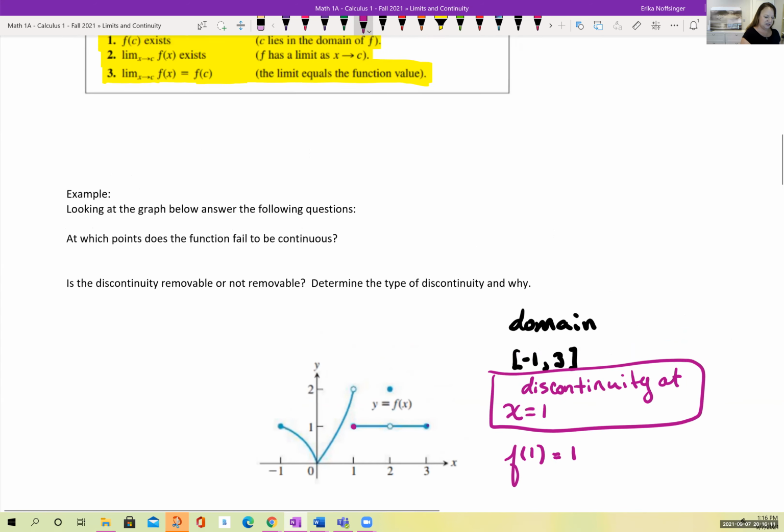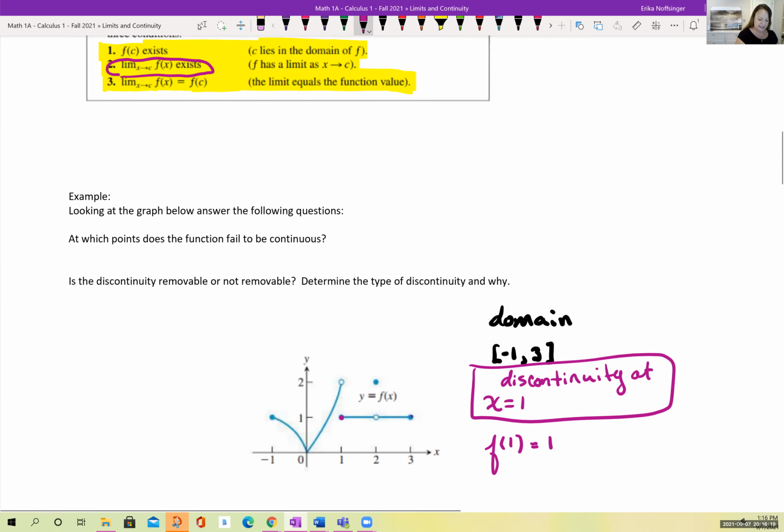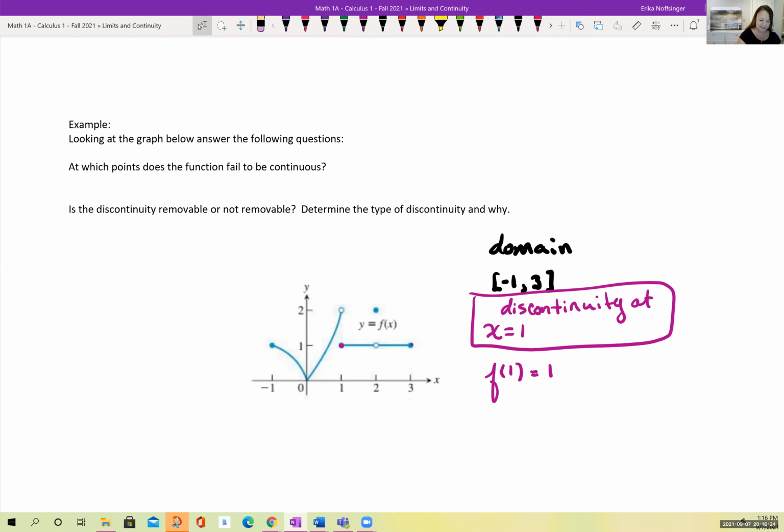I need to show that the limit exists. But right there, I can see my limit doesn't exist, right? In order for a limit to exist, the left and the right-hand side have to be equal. So if I was looking at the limit as I'm coming in on the left-hand side, following my graph, the y value that I'm approaching, I don't actually hit it, but the y value I'm approaching is 2.